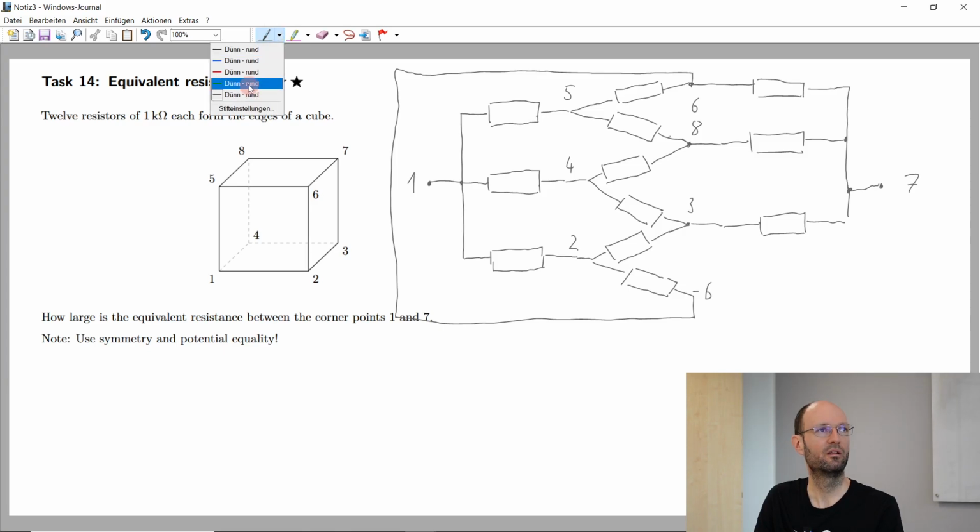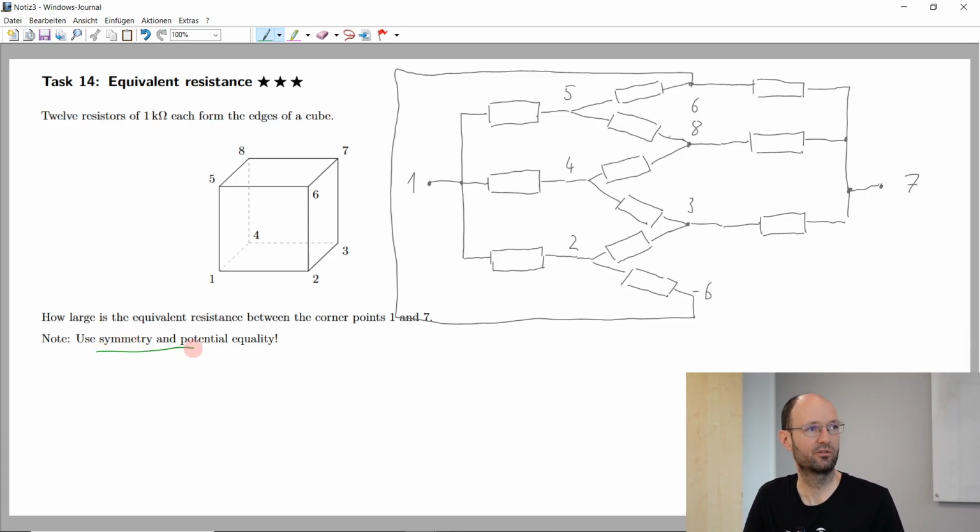So if I use this symmetry and potential equality, I can connect these points with each other, because there should be no difference between these 3 points.